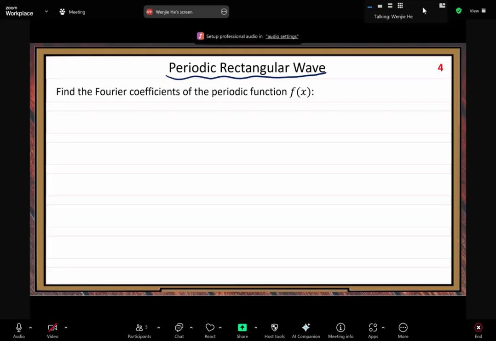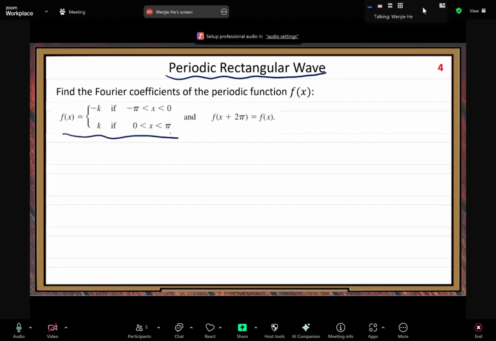Find the Fourier coefficients of the periodic function f of x. Apply the formula from the previous screen. That's simple. Here we define the periodic rectangular wave. So this is the function.